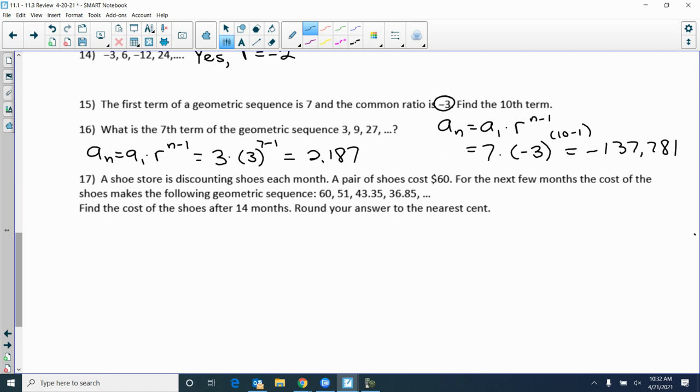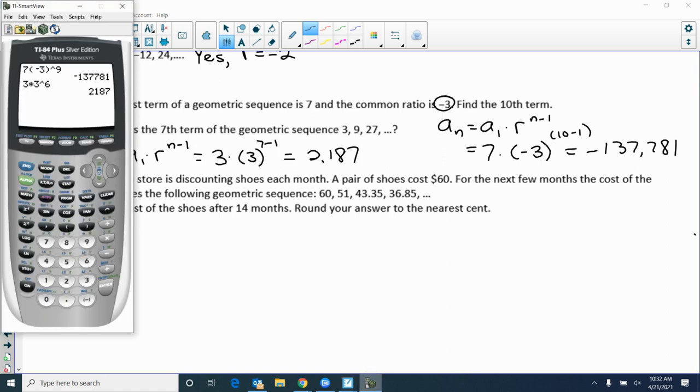What is our R value? To figure out the R value, you take 36.85 divided by 43.35, then 43.35 divided by 51, and 51 divided by 60.